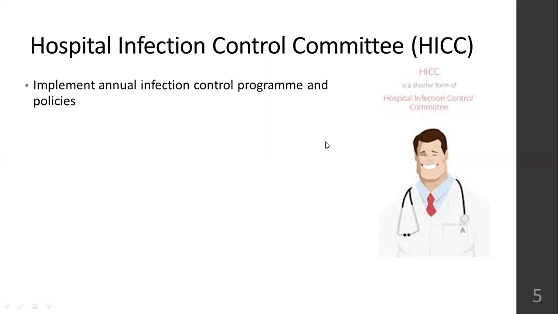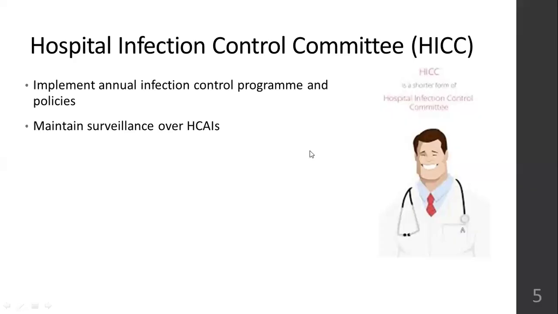Also at government level, at national level, policies are made by the healthcare ministries of each and every country, which the hospitals have to abide by. So based on these external factors, internal policies are made.